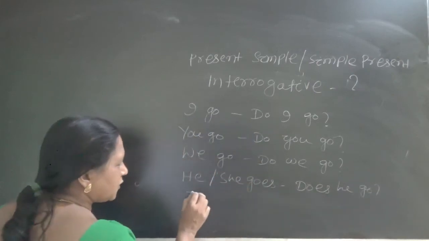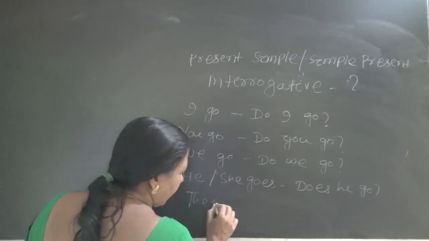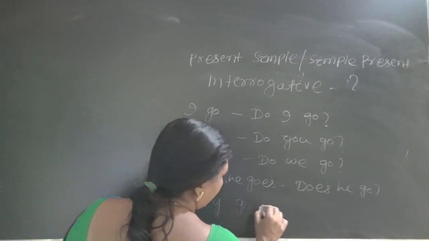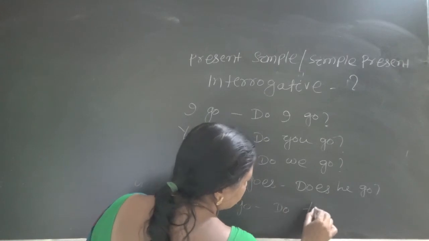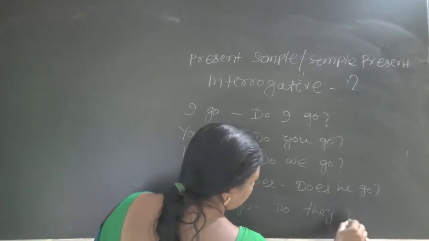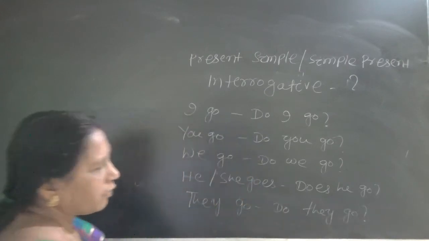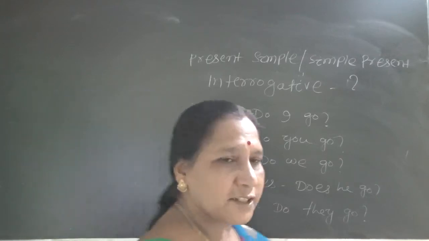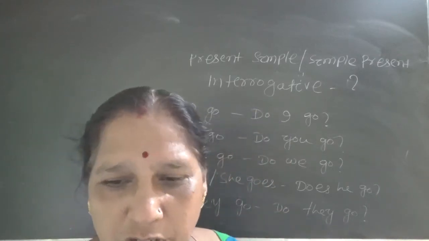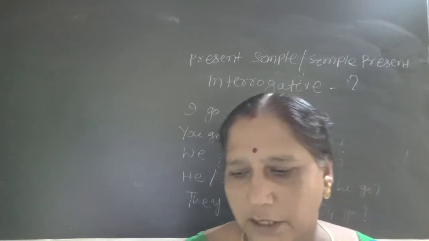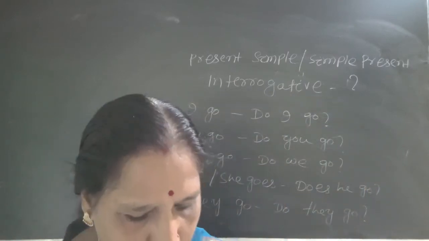Then the last one, they go, do they go. In this way, we can change this declarative sentence or positive sentence into interrogative or negative form.